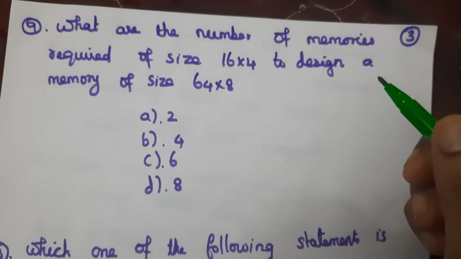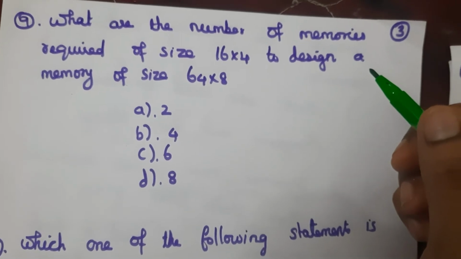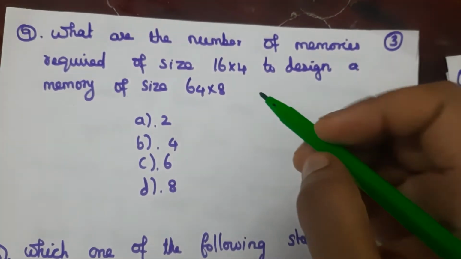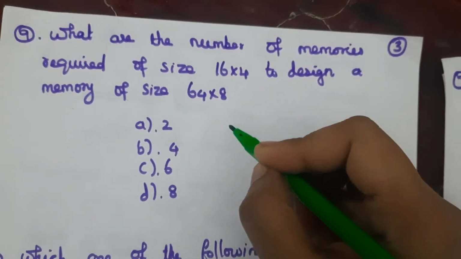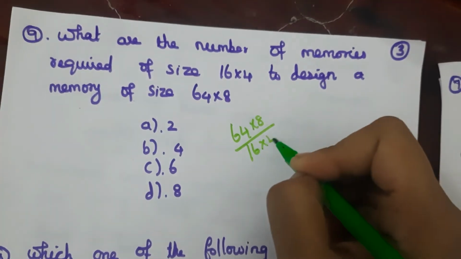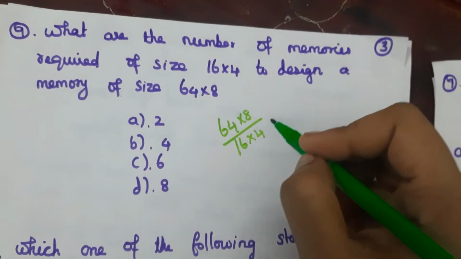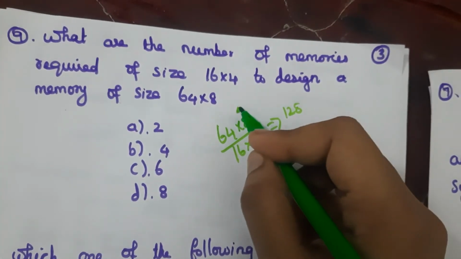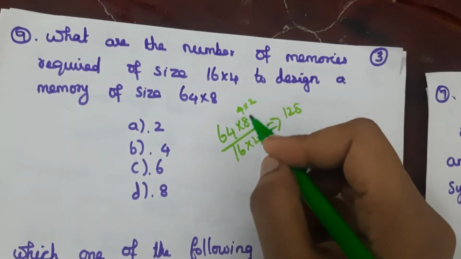Next question, what is the number of memory chips of size 16 cross 4 needed to design a memory of size 64 cross 8? So we can find this as 64 cross 8 divided by 16 cross 4. This is equivalent to 128, and I write this 8 as 4 cross 2.